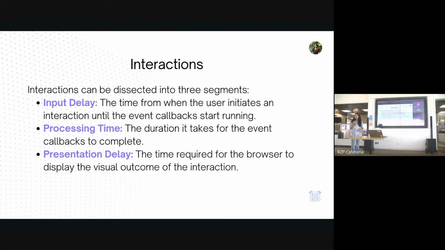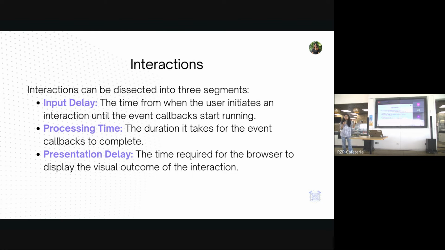The time from when you actually clicked on that button, made the interaction, till the time the callback is called, is considered your input delay. So the time from when the user initiates an interaction until the event handler starts running is called your input delay.